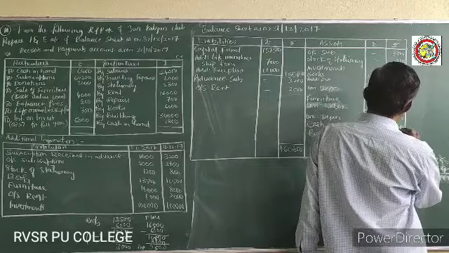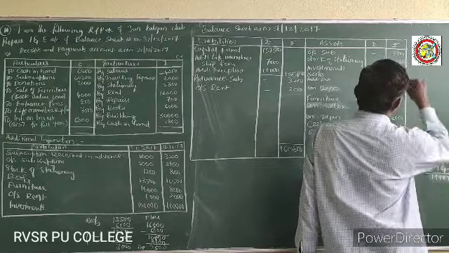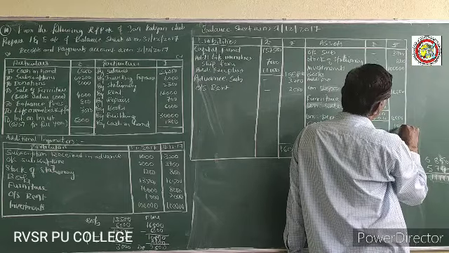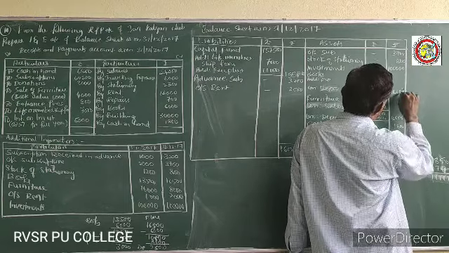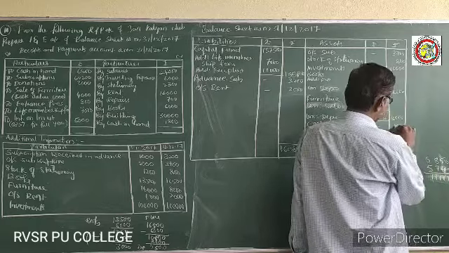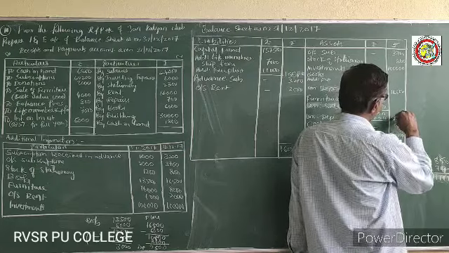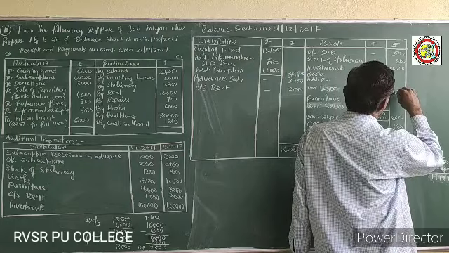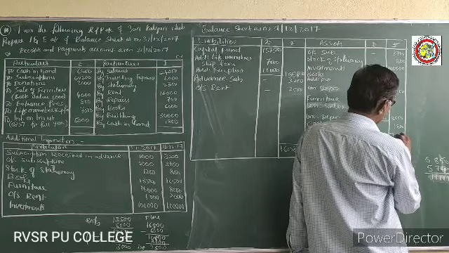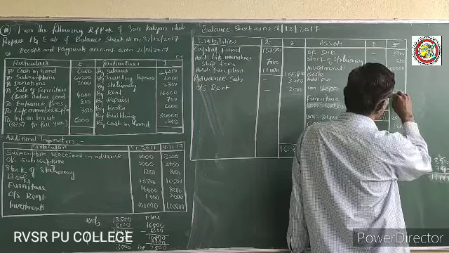Here also 800. Then 28,800, carry 2, 2, 3, 3, 11, 11, 17, 17, 22, 5, 5 plus 1, 6.